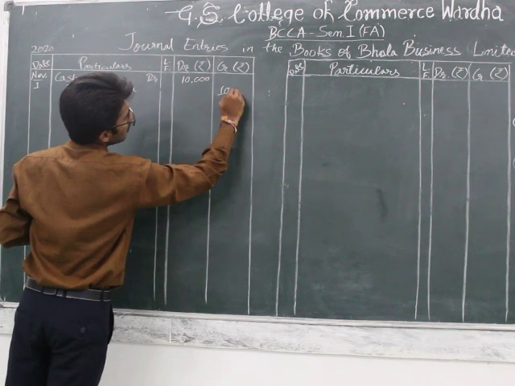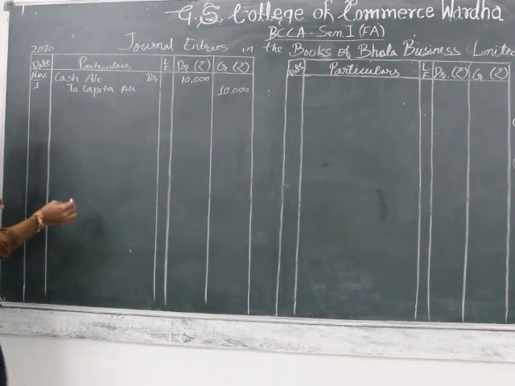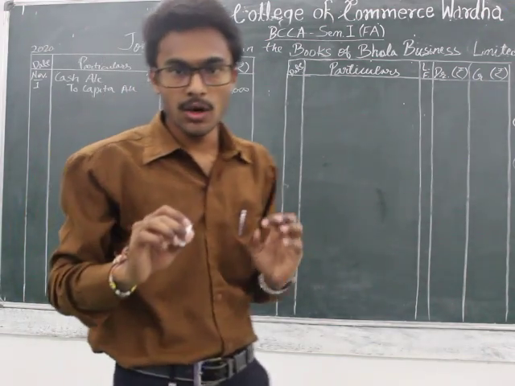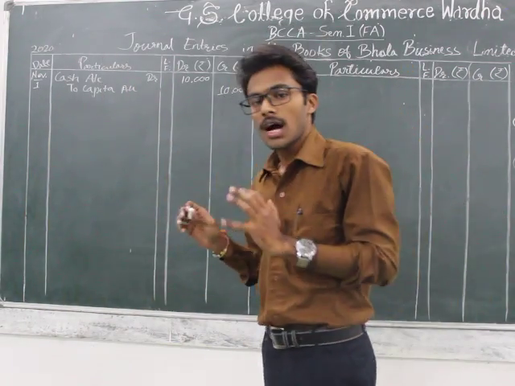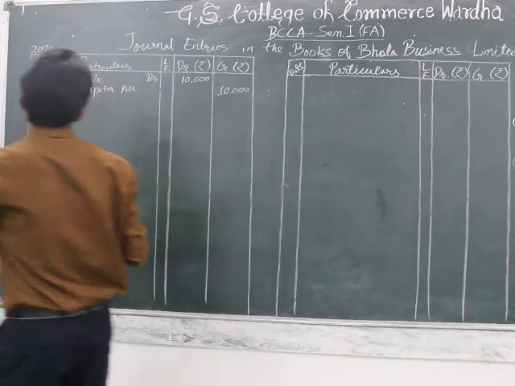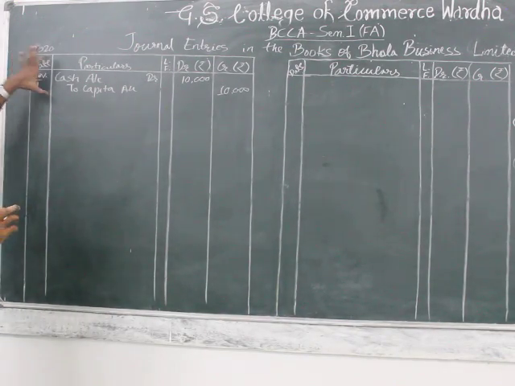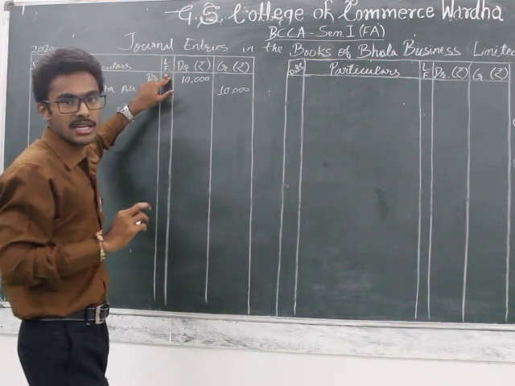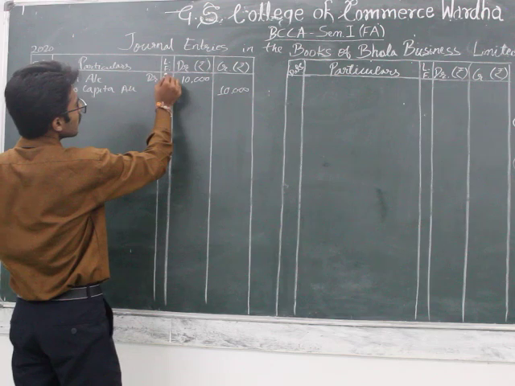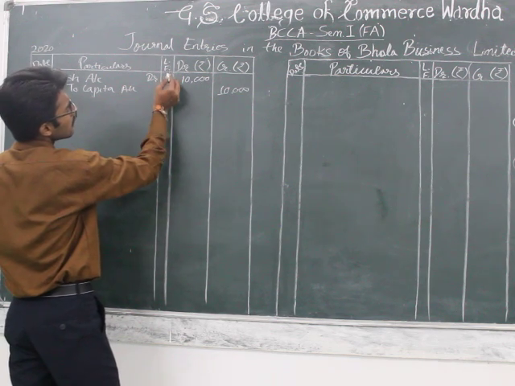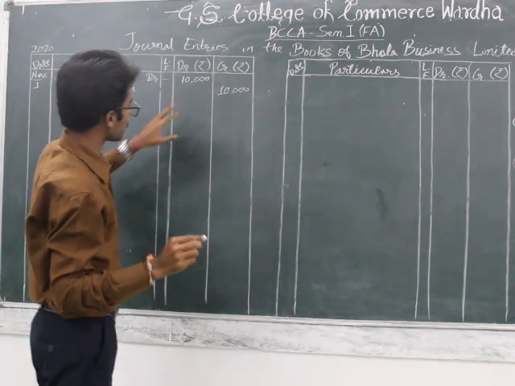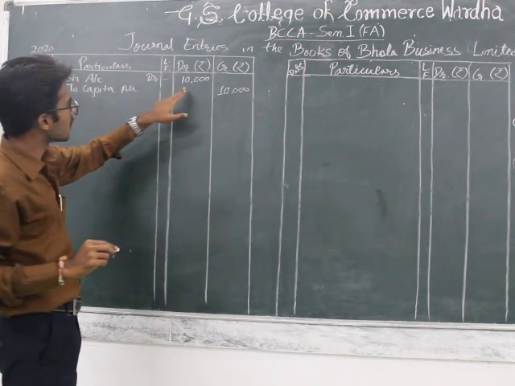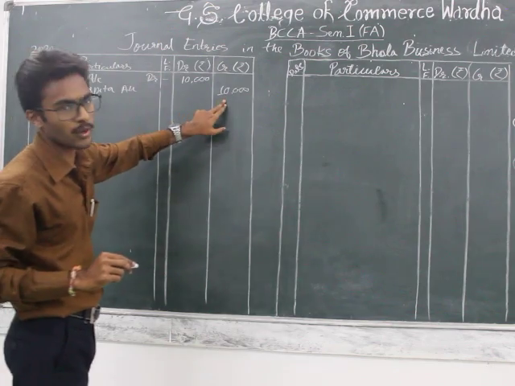So we have written a proper journal entry in proper format. In our format there are various columns. The first one is for date, another one is for particulars, and this is LF. LF means ledger folio. We don't have ledger folio numbers, hence we can put a dash here, and then the debit column and the credit column. Debit amount will be written in the debit column and vice versa.